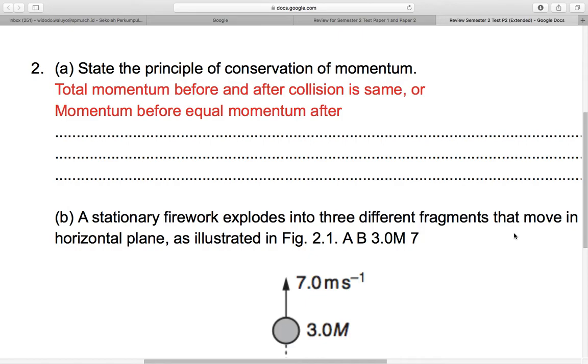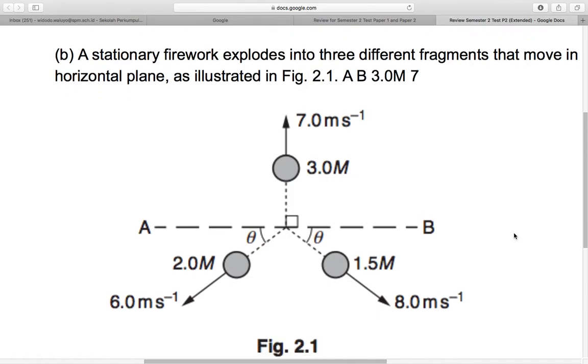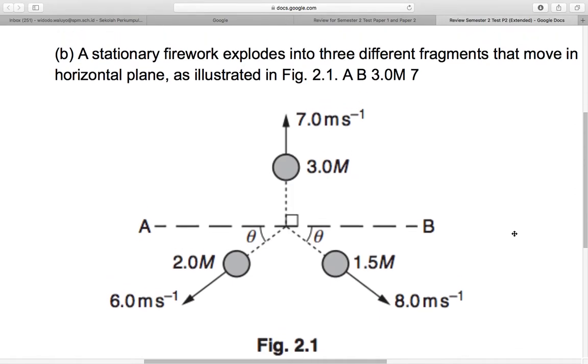We call it momentum conserved if two objects collide or an object breaks apart. Okay, this is about the conservation of momentum, and we continue with the figure here.